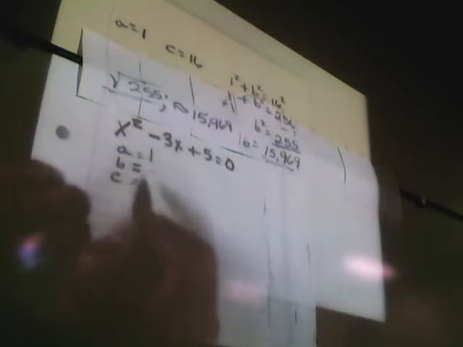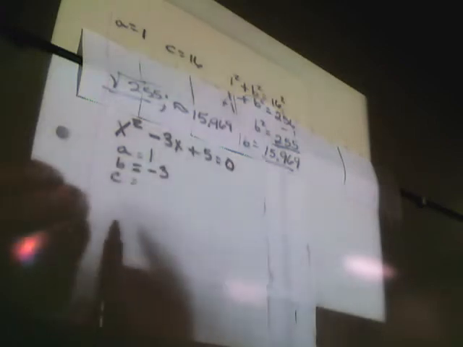A is 1, it's the coefficient. B is -3, C is 5. So that's all you have to do if it says to identify A, B, and C.